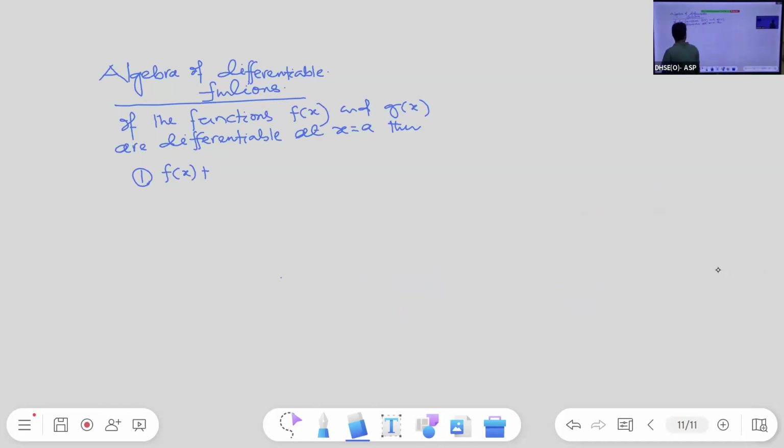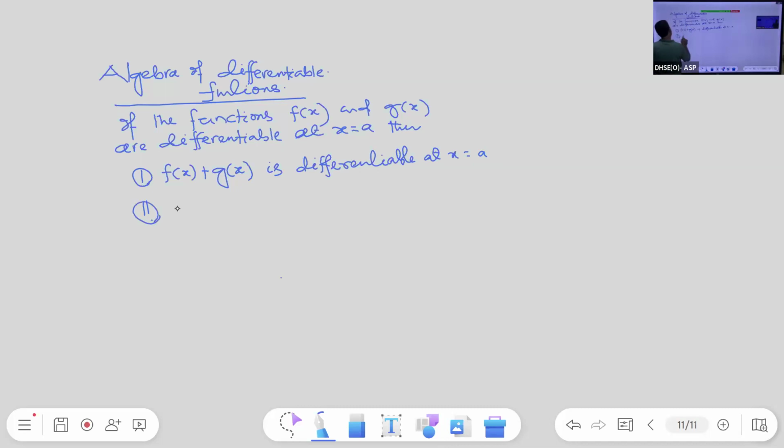Okay, if the functions f of x and g of x are differentiable at x is equal to a, then f of x plus g of x is differentiable at x is equal to a.